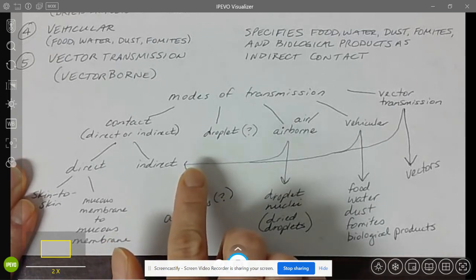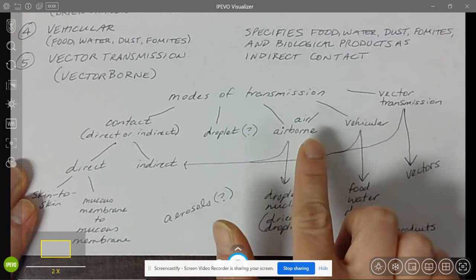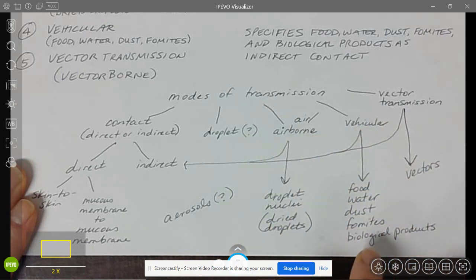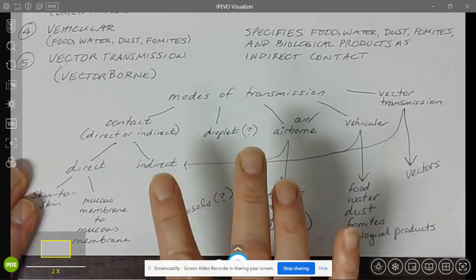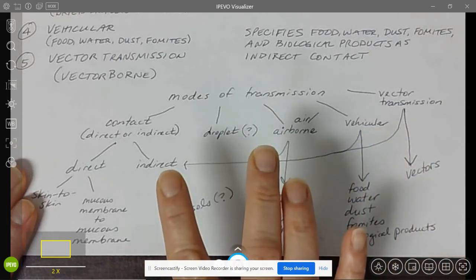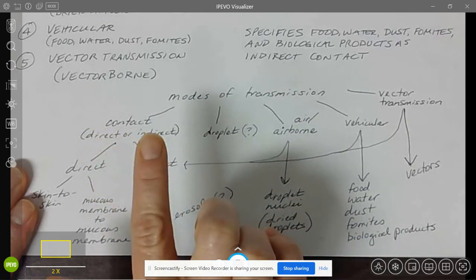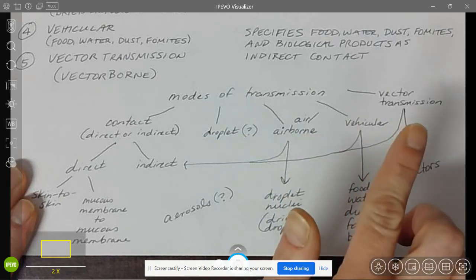Then they go on to say that the rest of these things, especially airborne, vehicular, all of these things, food, water, dust, fomites, biological products, and also vectors, those are all indirect. So I don't know why they are saying indirect as number 1, and then they're differentiating all the rest of these. It's an unclear presentation, in my opinion.